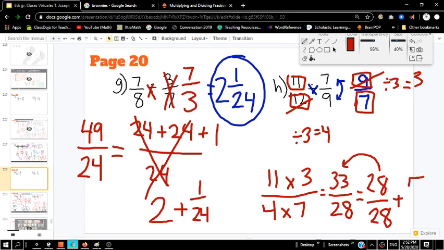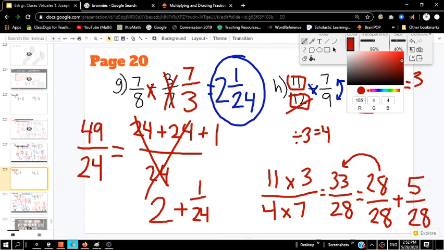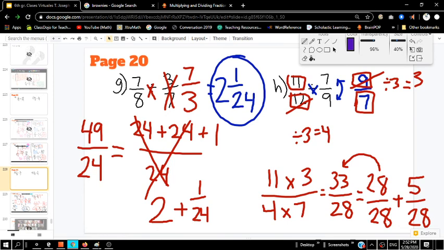We have 5 28ths left. So our final answer is 1 and 5/28. I'm going to write that in blue, or this purplish color. So I have that 1 right here. This is our whole number. 1 and 5/28. That is our final answer.